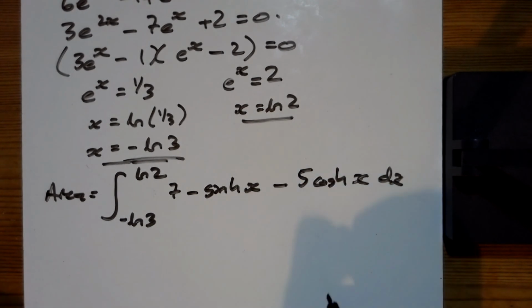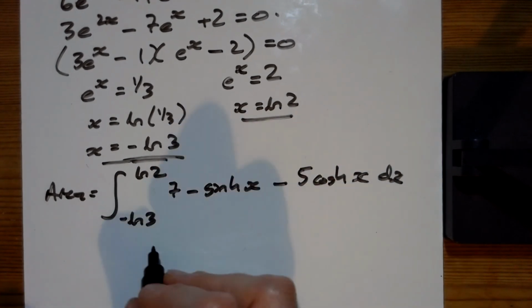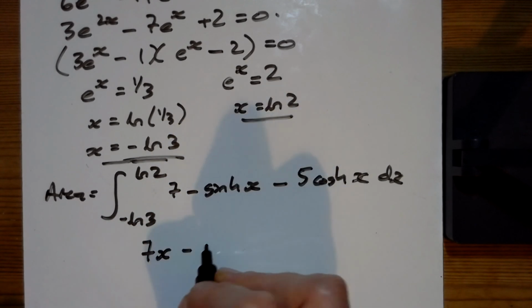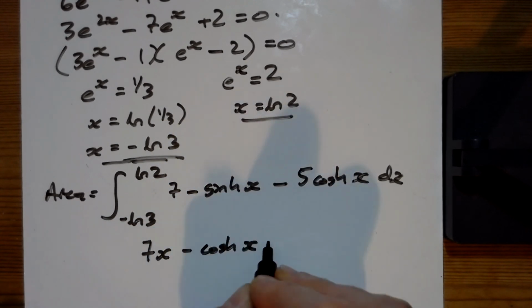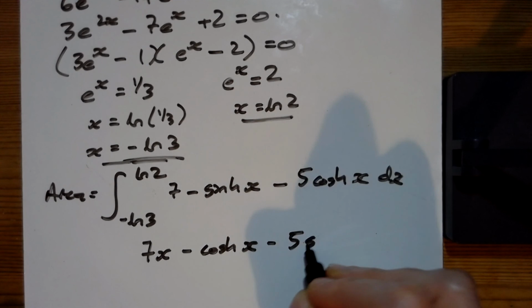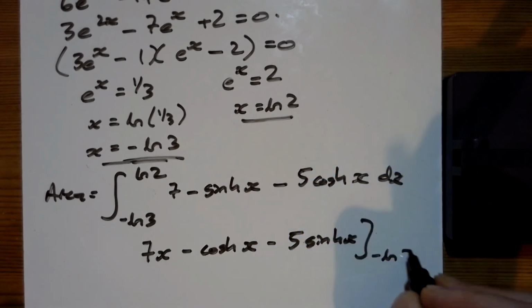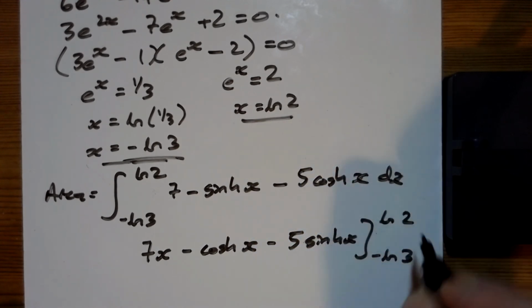I could do them as two separate bits. Integrating that gives me 7x. The sinh just goes to the cosh, and the cosh just goes to the sinh. That's a bit easier than all these integrals we've been doing for a while, isn't it?